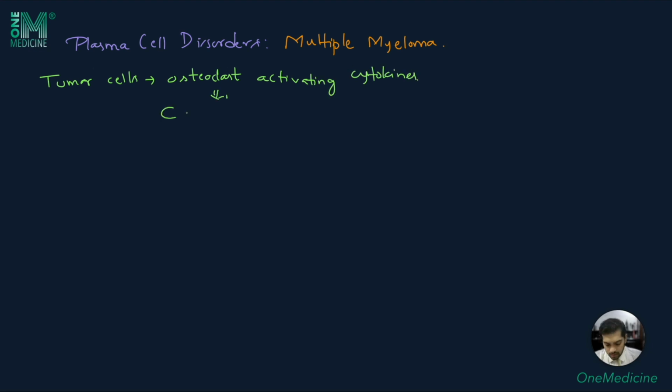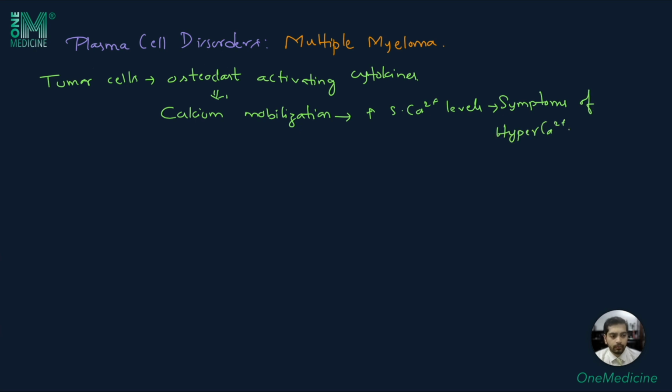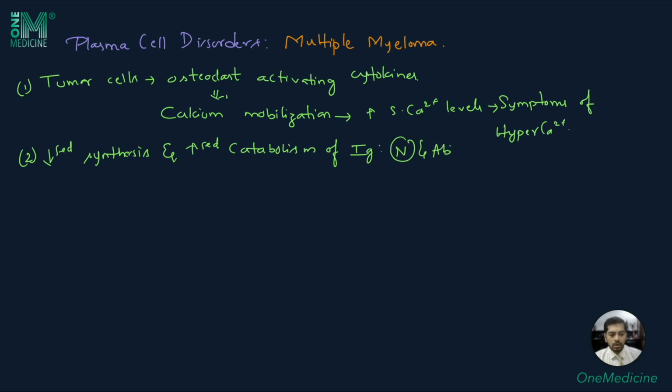This leads to calcium mobilization, which can lead to increase in the serum calcium levels, precipitate the symptoms of hypercalcemia in these patients. There is a decreased synthesis and increased catabolism of immunoglobulins, both normal and abnormal.